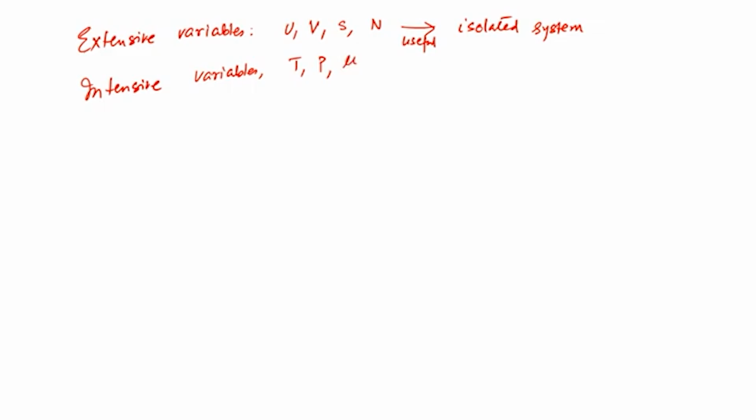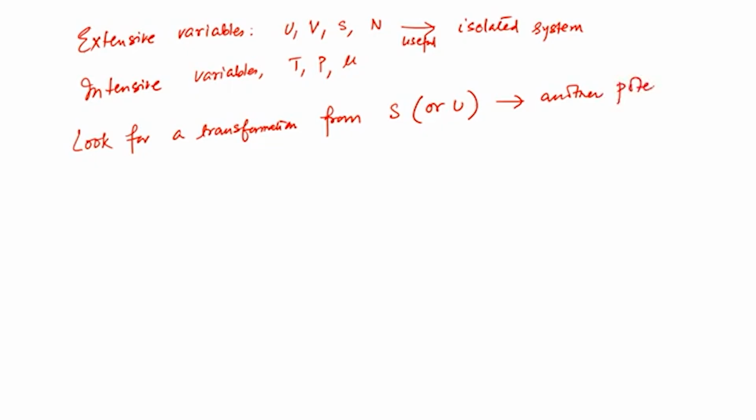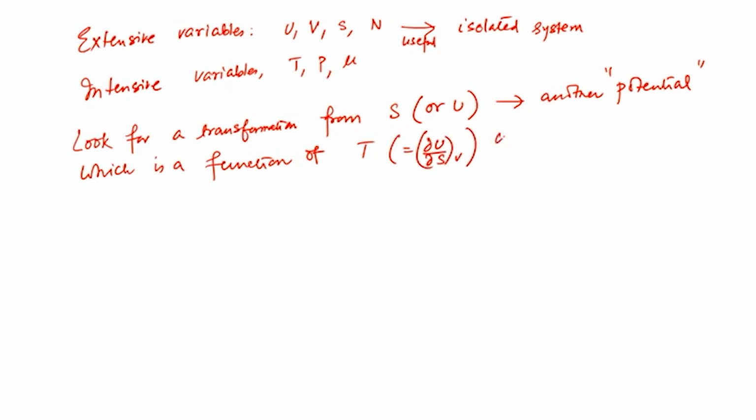So, what we look for is a transformation from S or U to another potential, which is a function of these: T, which is equal to del u del s at constant V, or P, which is minus del u del V at constant S and N, and so on.